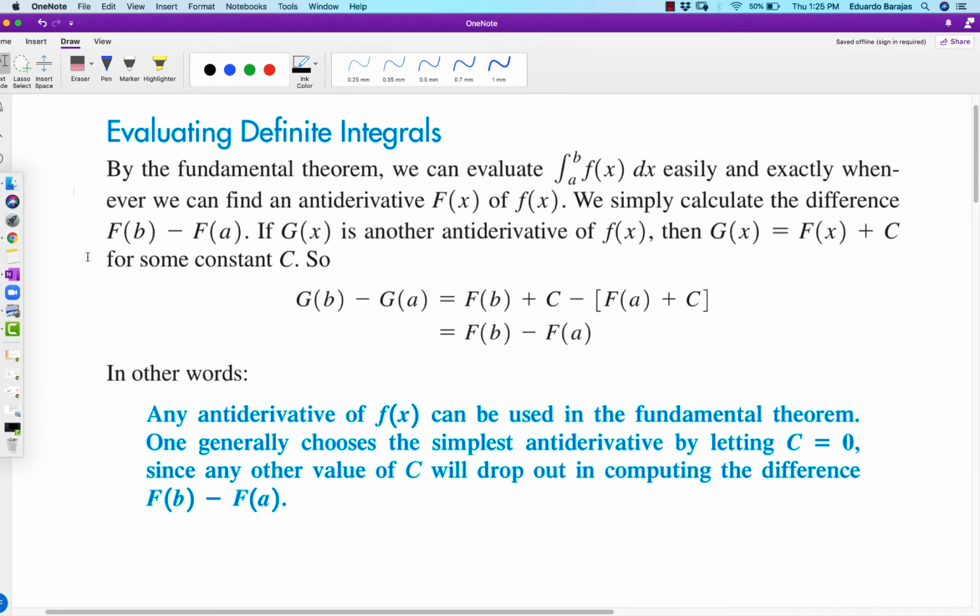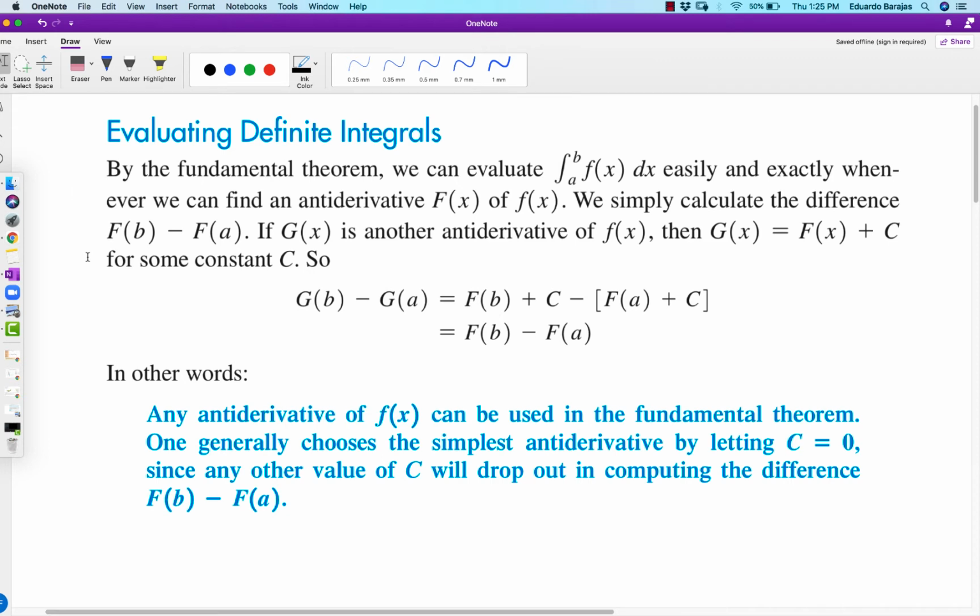If capital G of x is another antiderivative of f of x, then capital G of x is equal to capital F of x plus c, where c is some real number constant. So when we find the difference, G of b minus G of a, that's going to be equivalent to capital F of b plus c minus capital F of a plus c.